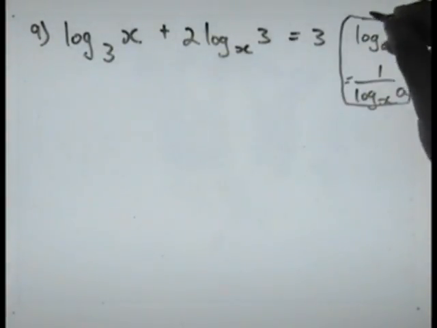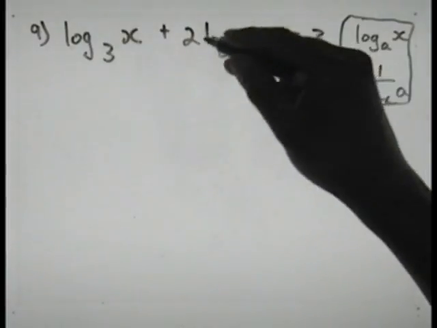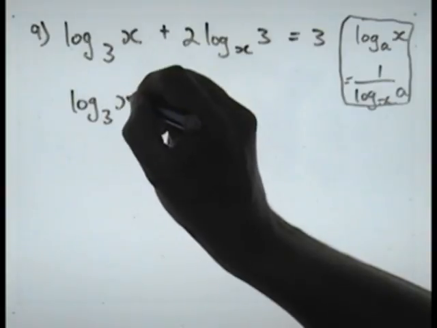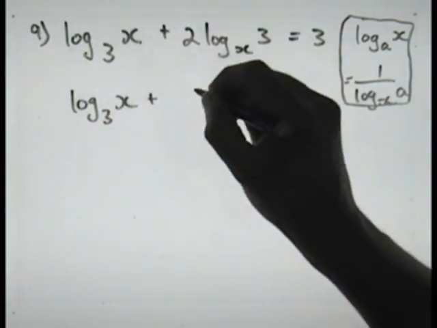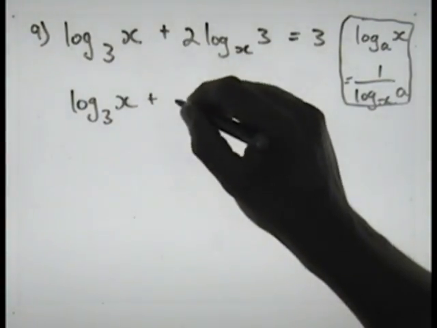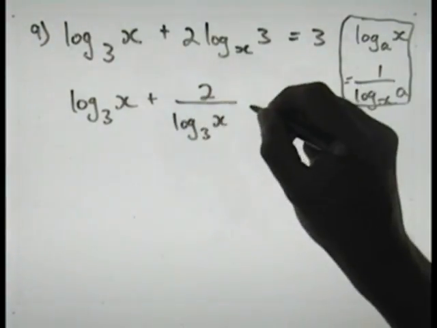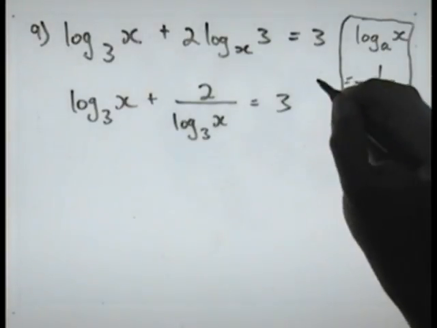Keep that in mind. I'm going to do that to this middle term. This is going to become log base 3 of x plus 2 over log base 3 of x is equal to 3.